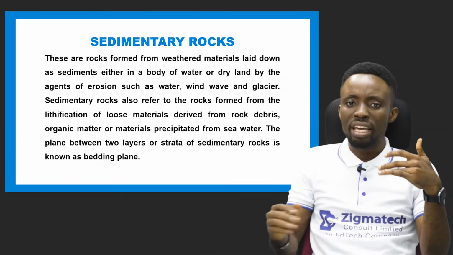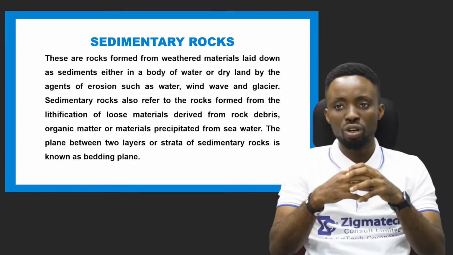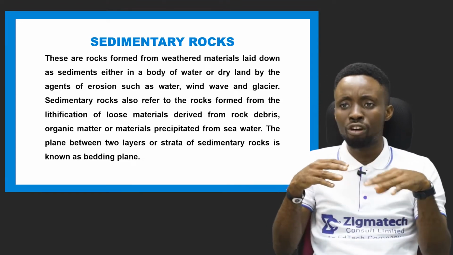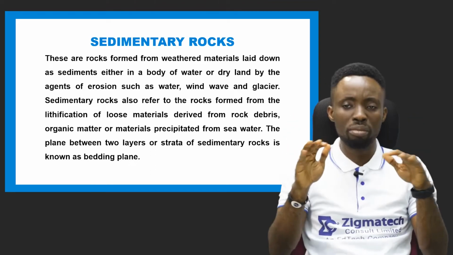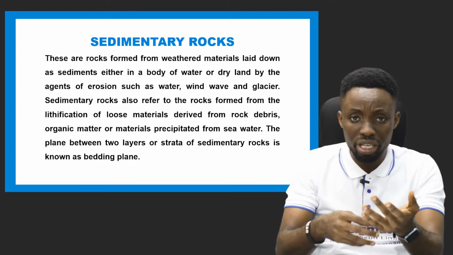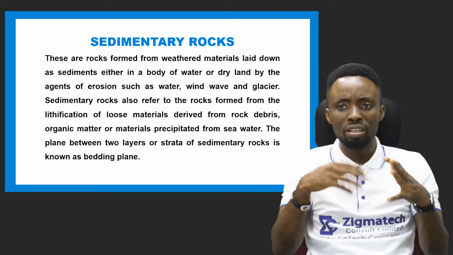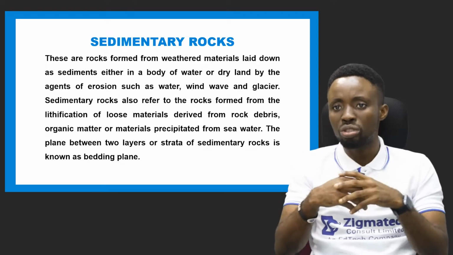So we look at the next type of rock, which is called the sedimentary rock. Now, sedimentary rocks are formed from weathered materials. As the name implies, sediments are remains or leftovers. So they are formed after weathering has happened.